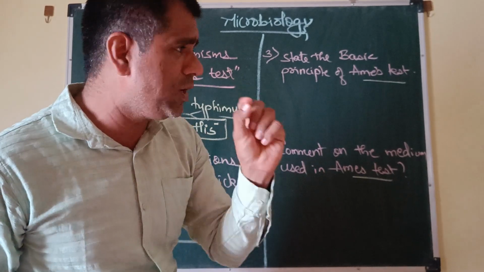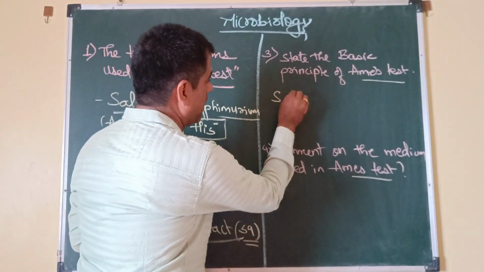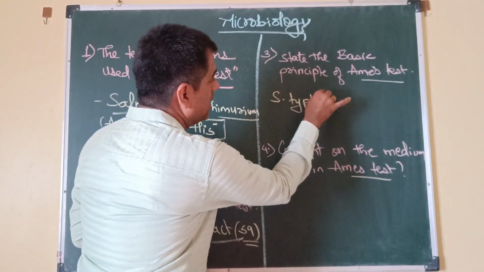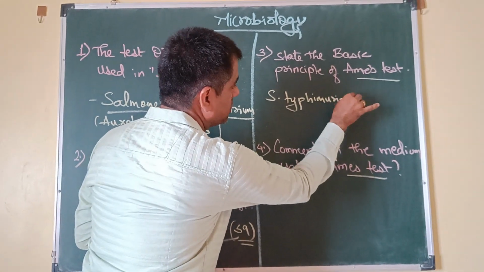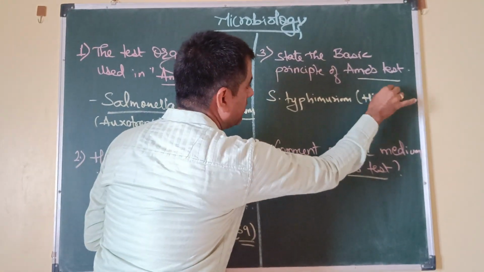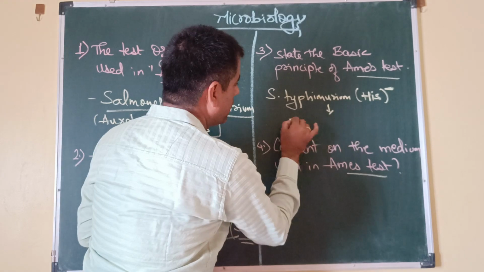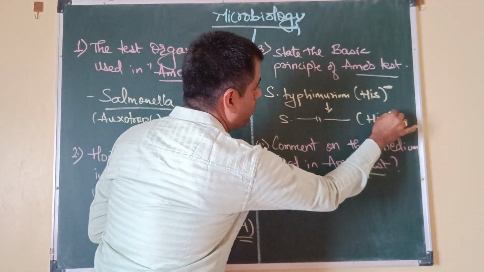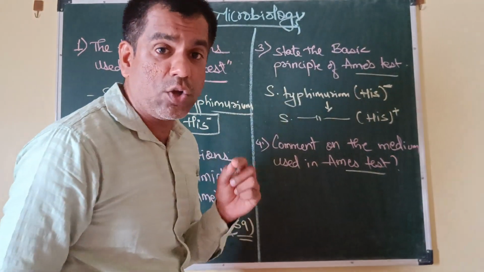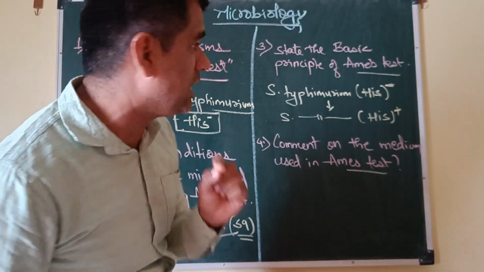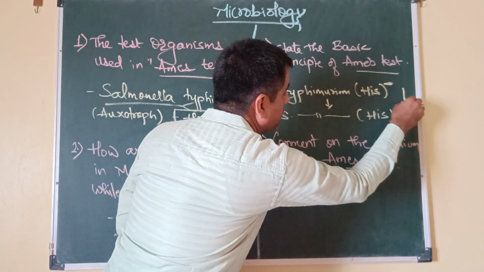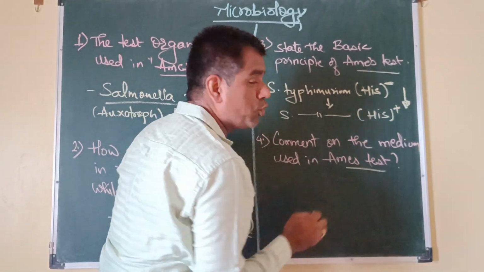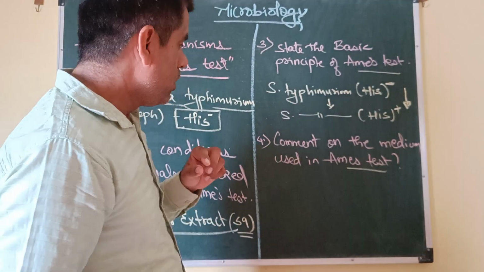The basic principle behind the Ames test is that your organism, Salmonella typhimurium, which is histidine negative, after addition of your compound, if it gets converted to an organism which is histidine positive, that means it can grow in a medium without histidine. It has undergone some mutation and has reverted back to its prototrophic strain.